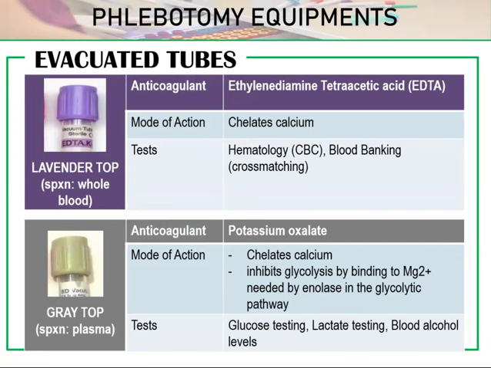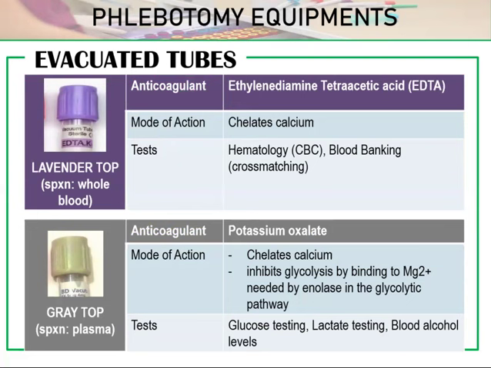And then we have our gray top. It contains potassium oxalate, whose mode of action is to chelate calcium. It also contains sodium fluoride, whose function is to inhibit glycolysis. Going back to your anatomy, the end product of the glycolysis process is glucose.